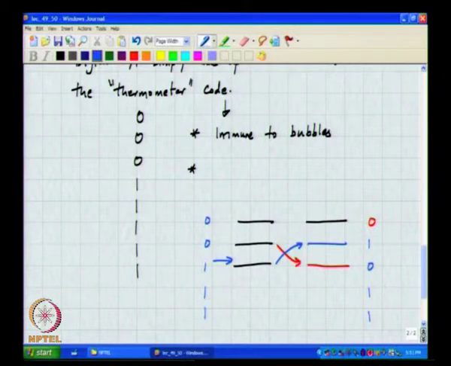right. Now if you add up the number of ones in the thermometer code, the fact that comparator thresholds move does not really matter. Is that clear? The total number of ones comes. Do you understand?